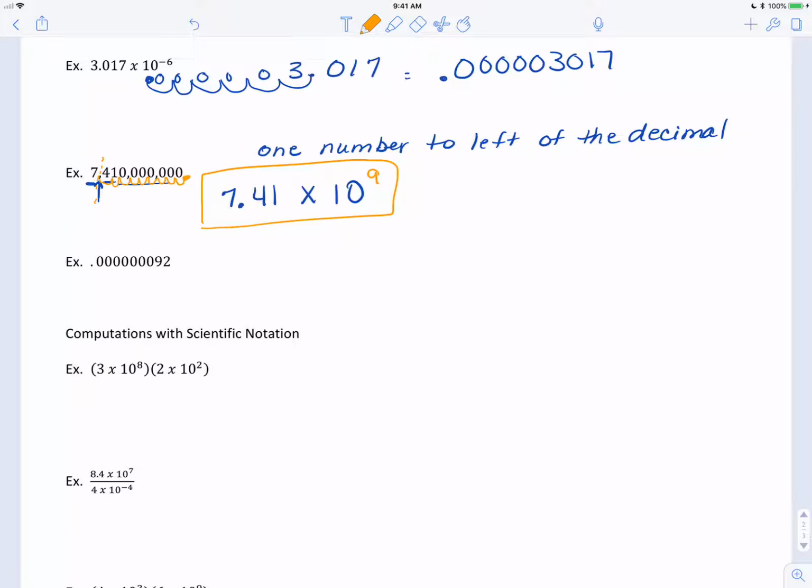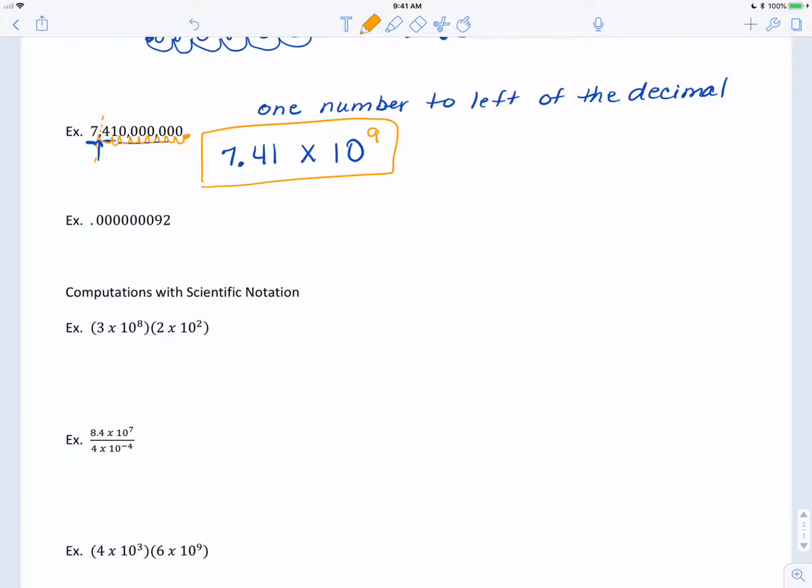All right, so this one you see is going to be a teeny tiny number. Hopefully this doesn't represent what your income is someday or your worth or anything, but where is this decimal going to go? If there's only one number to the left of it, well, it's got to go right here between the 9 and the 2.